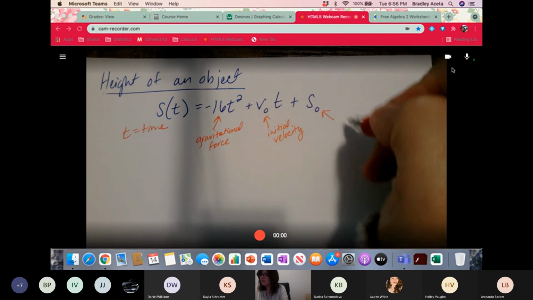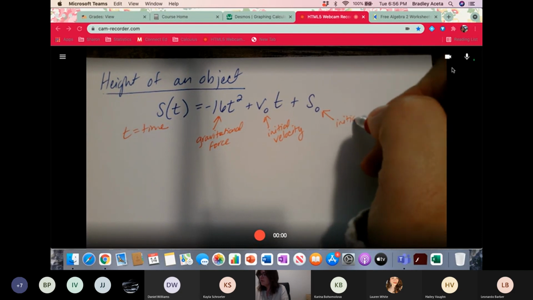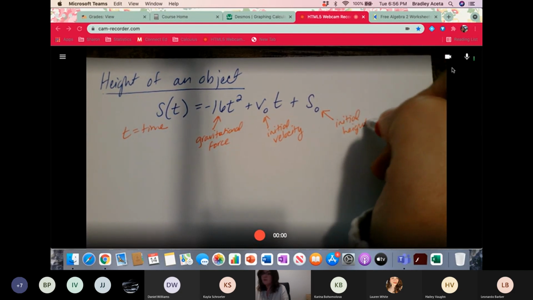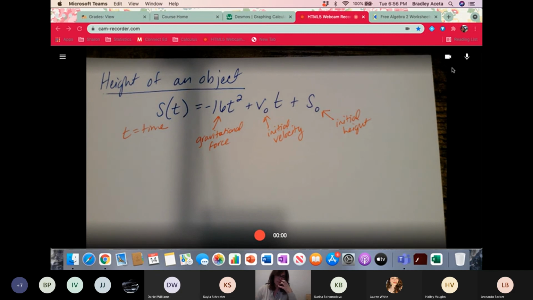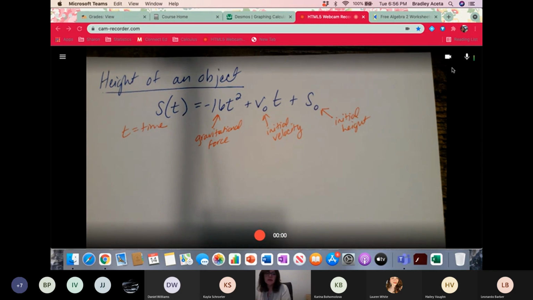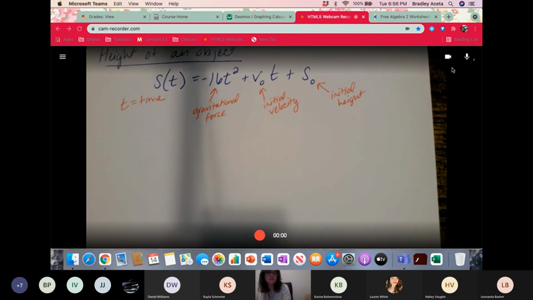And this s sub 0 is your initial height, the initial height of the object, the ball that you're throwing, or whatever. So t for time, v sub 0 is initial velocity, and s sub 0 is initial height. They're going to give you this in the form of an equation, and they're going to ask you some questions. Don't freak out. It's not that hard. It's just a parabola. Okay?